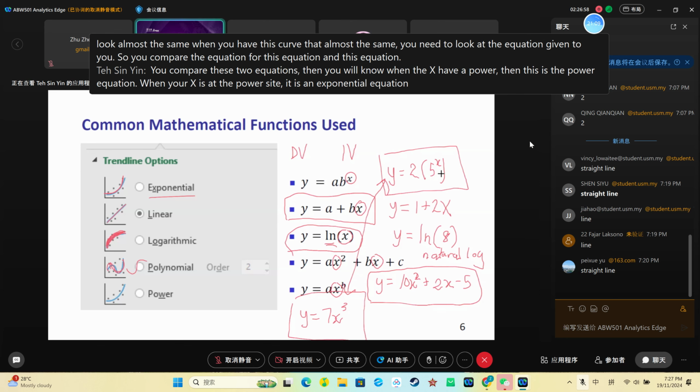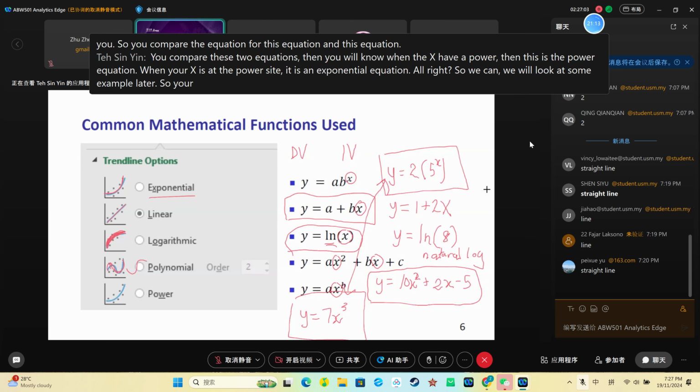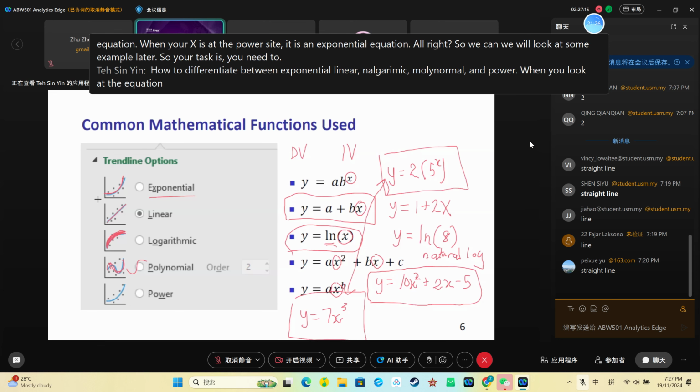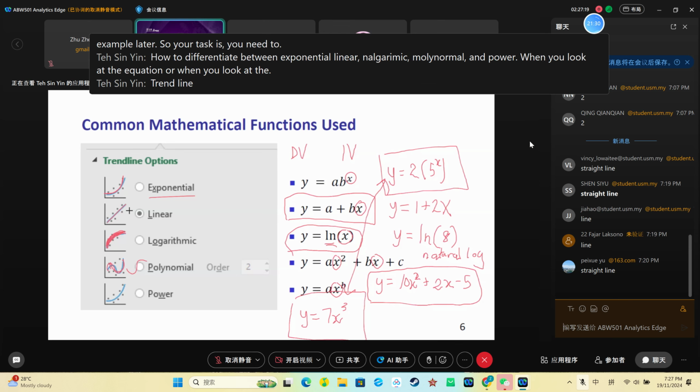We will look at some examples later. Your task is to know how to differentiate between exponential, linear, logarithmic, polynomial, and power when you look at the equation or the trend line given to you.